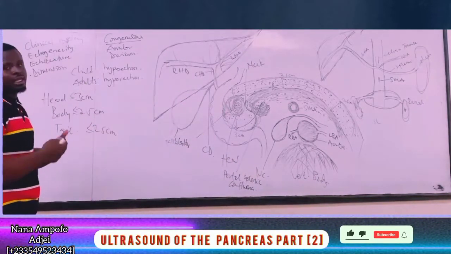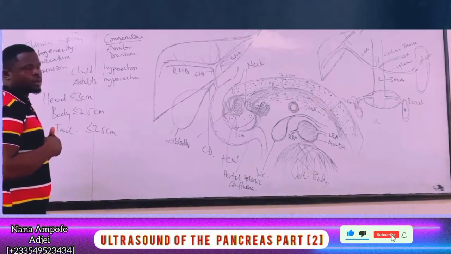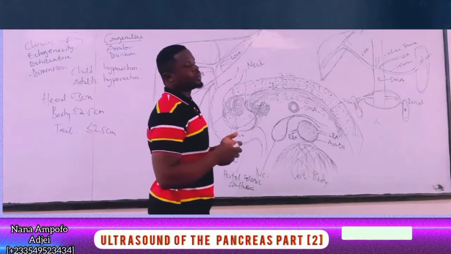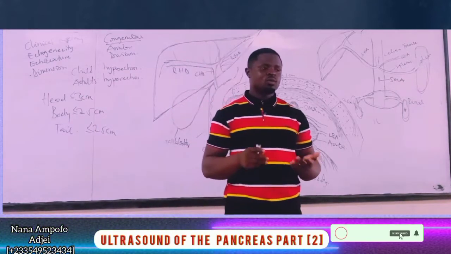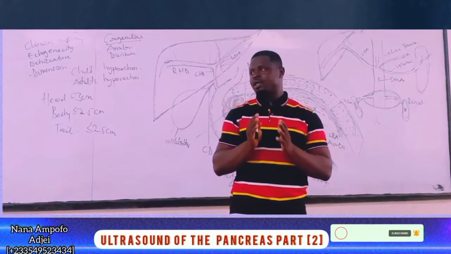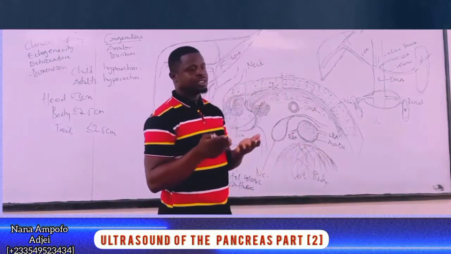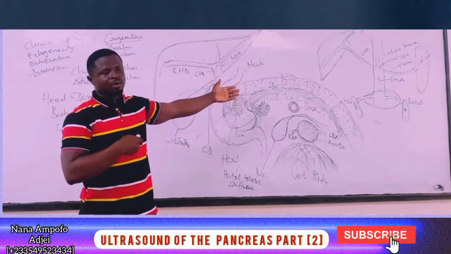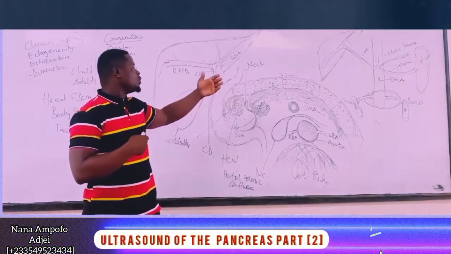So the patient comes with epigastric pain. When the patient complains about epigastric pain, what are the structures there? What structures are you expecting to see? First thing that comes to mind, the pancreas.